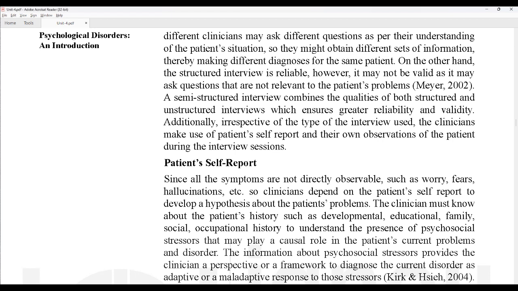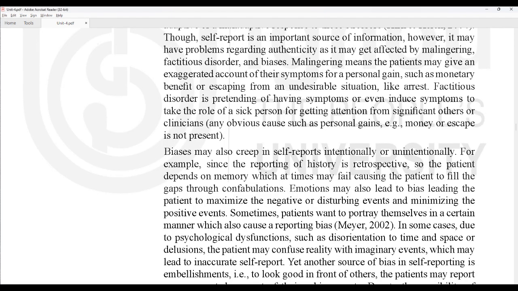Kirk and C. 2004. Though self-report is an important source of information, it may have problems regarding authenticity, as it may get affected by malingering, factitious disorder, and biases. Malingering means the patients may give an exaggerated account of their symptoms for a personal gain, such as monetary benefit or escaping from an undesirable situation, like arrest.